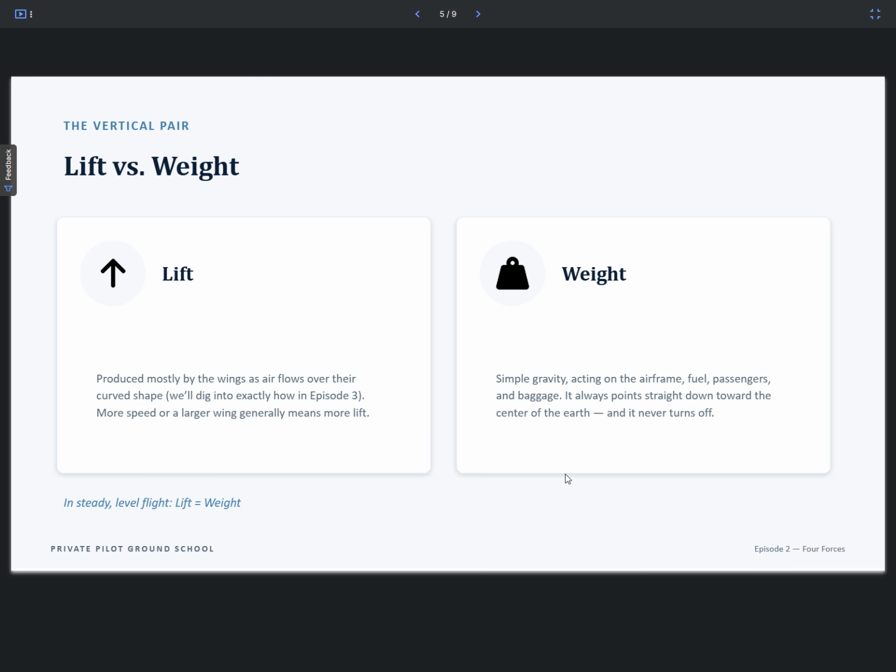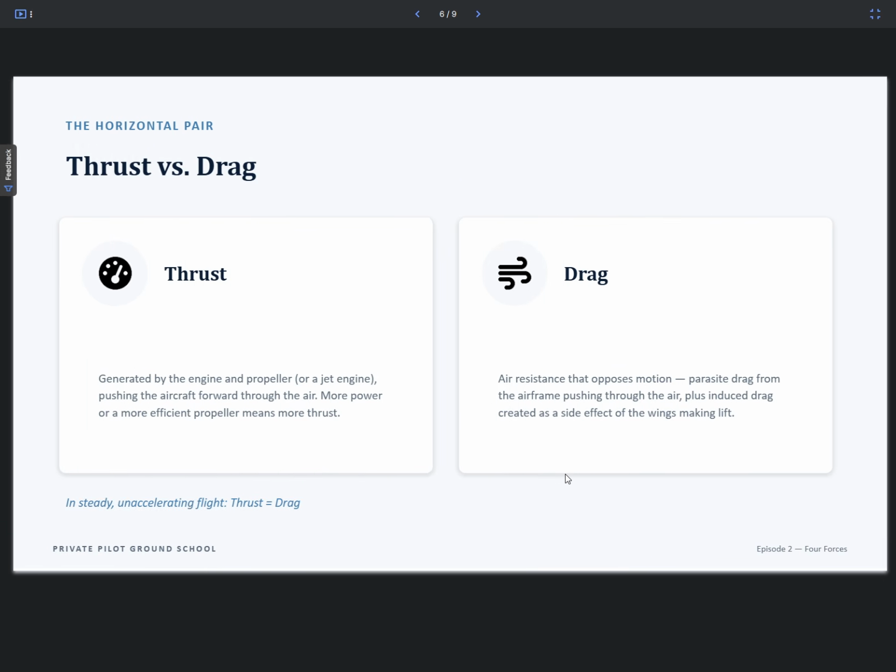You can think of it like sticking your hand out of a car while you're driving. You would feel the air pushing against your hand. That's drag. Like the hat: when you drive fast, your hat flies off. That's not necessarily wind, that's drag. All right?